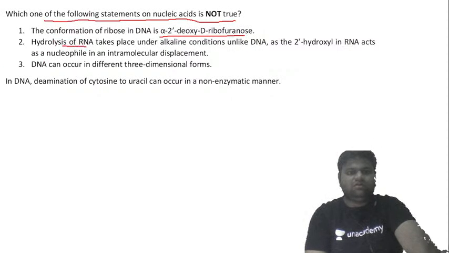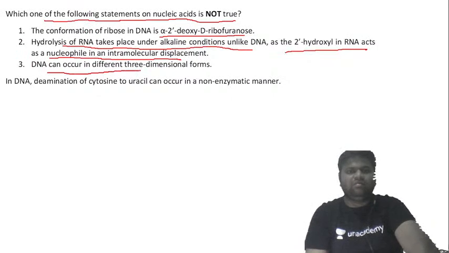Option 2 says hydrolysis of RNA takes place under alkaline conditions unlike DNA, as the 2 prime hydroxyl in RNA acts as a nucleophile in an intermolecular displacement. Option 3 says DNA can occur in different three-dimensional forms. And option 4 says in DNA, deamination of cytosine to uracil can occur in a non-enzymatic manner.